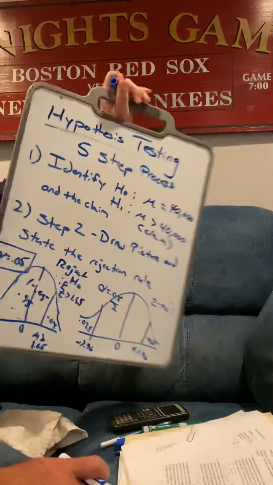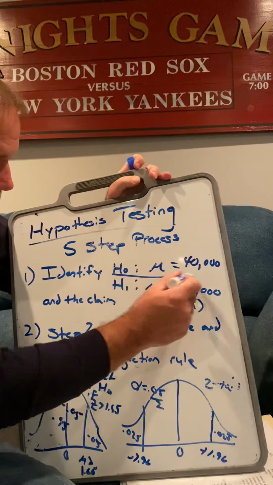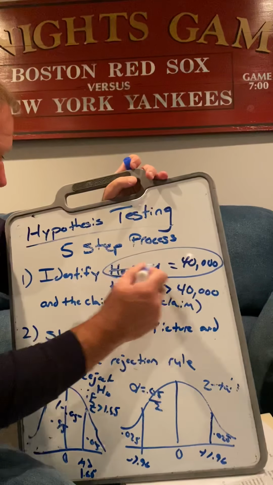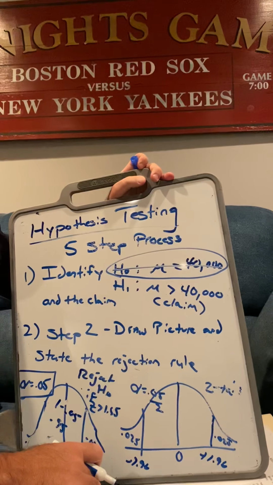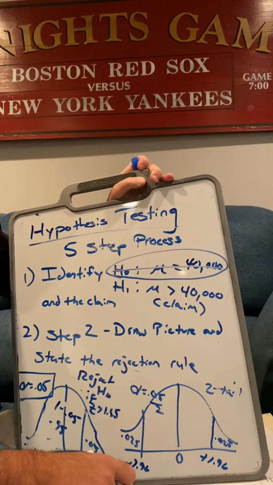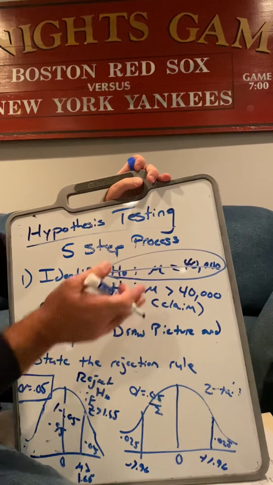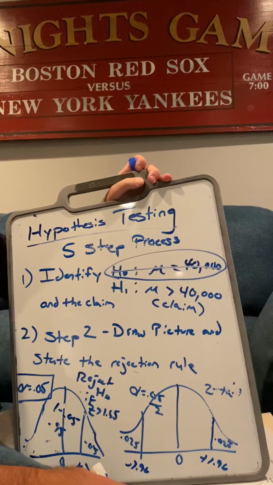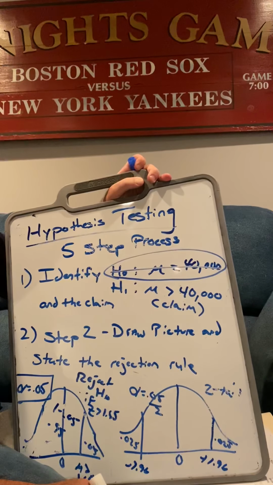So if I go back to this step over here, what I'm saying is this statement we're rejecting. We're saying that that is not true. So therefore, we're saying that what she claimed is true. There's enough evidence to support the claim that the actuaries do make more than $40,000. She was right. It was too low, what they were saying.